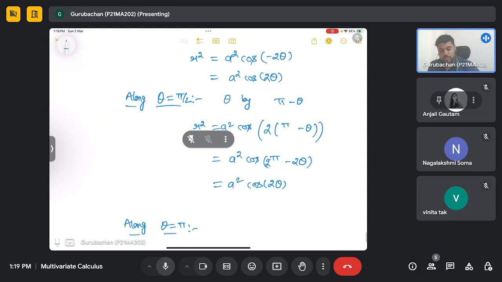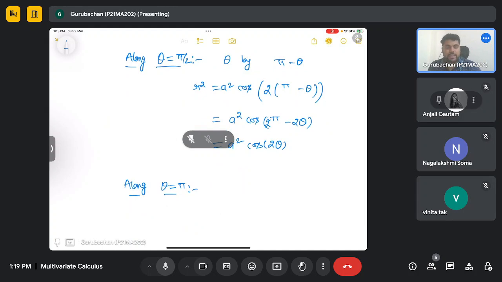Now the left thing is, what about theta equal to pi? For that again we have to replace it with respect to which one? Tell me.